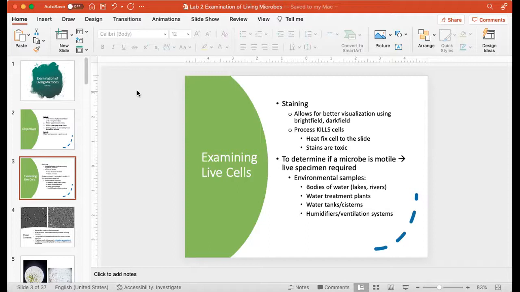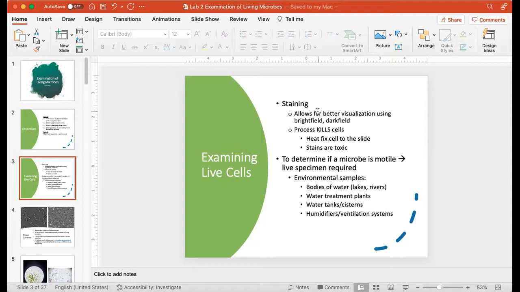And the reason we put stain on a microscope slide like that is because it allows us to see the cells better. It allows for better visualization using either the bright field function of the microscope or the dark field function. Either one of those works very well with stained cells.